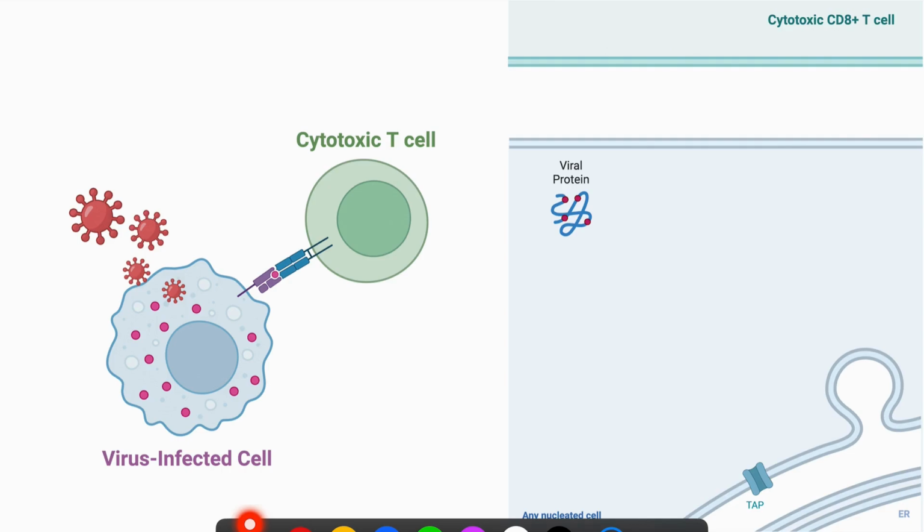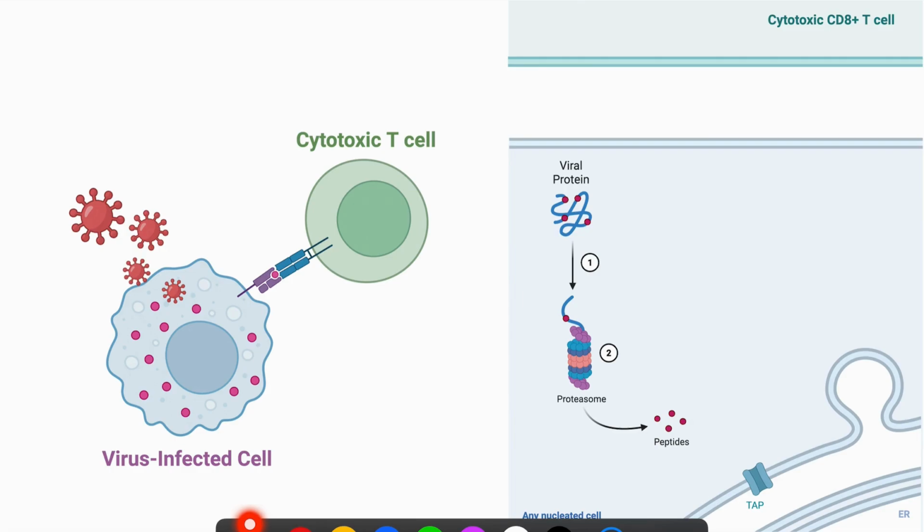onto HLA. So on the right, I'm showing a viral protein. And this protein has been damaged, misfolded, and it has been marked for destruction by a multi-protein complex inside the cell called the proteasome. So you can think of the proteasome as the garbage disposal of the cell. It takes the protein, chops it up into small fragments called peptides.